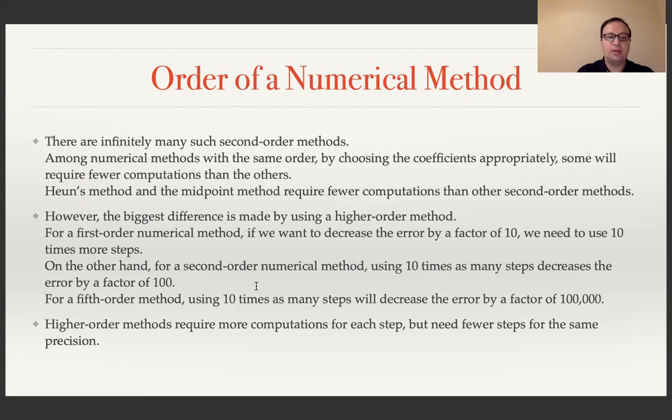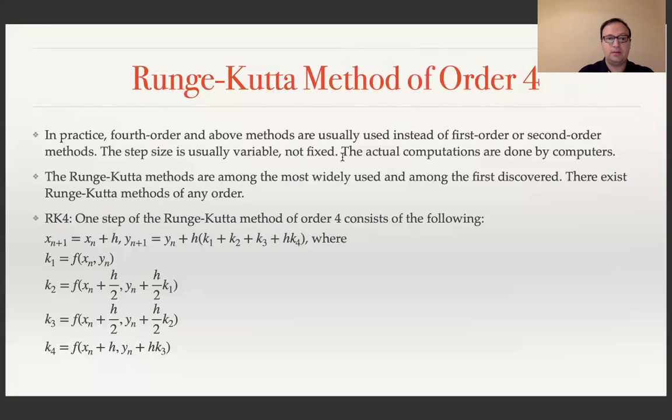So higher order methods are more complicated and require more computations for each step, but they need fewer steps for the same precision. In practice, fourth order methods and above are used instead of first order or second order methods. So people commonly use fourth order, fifth order methods.